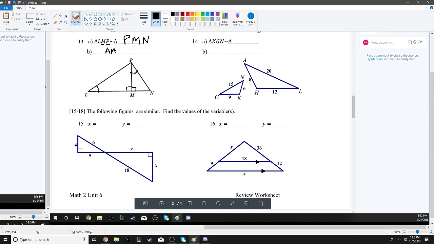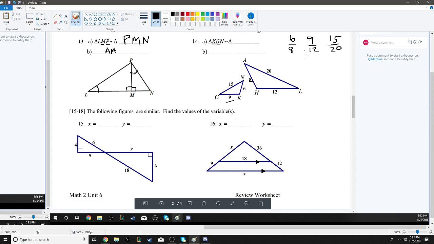Next, you have to make sure that the corresponding sides are proportional. So KG. The smallest side over here is 6. The smallest side over here is 8. The medium side is 9. The medium side is 12. The longest side is 15. The longest side is 20.